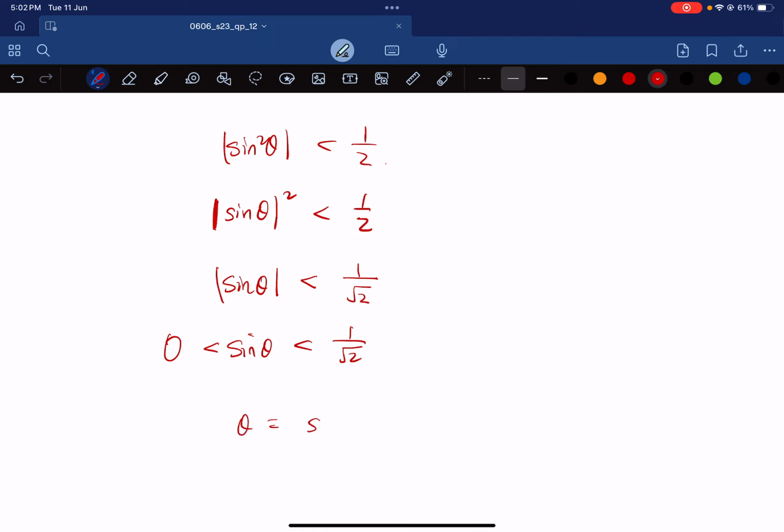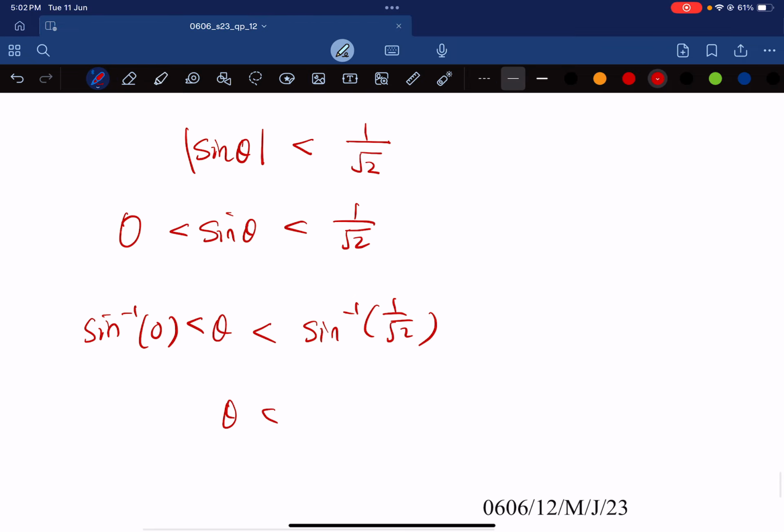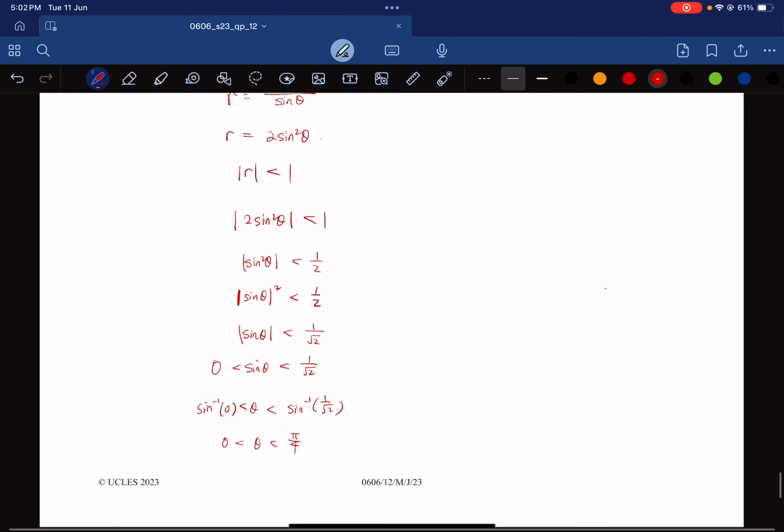So just take sine inverse on both sides, the inequality remains unchanged. So theta would be 0 to pi over 4.